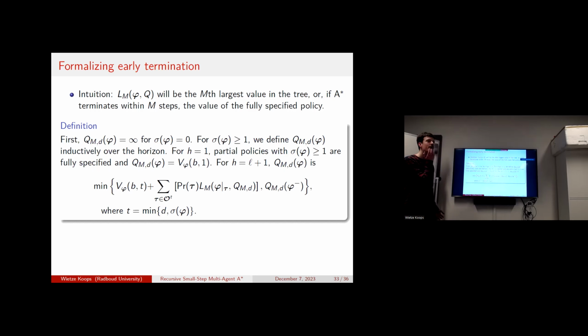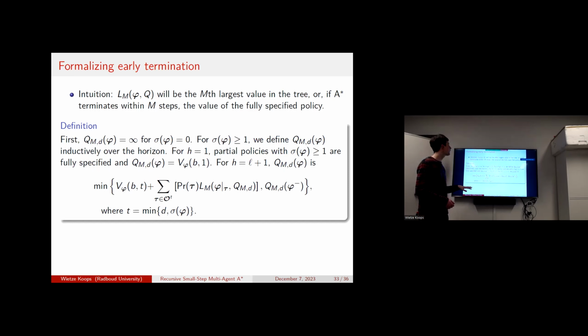I'm getting a little bit lost in the details. It's getting late in the day also, but could you just say again, intuitively, how should I think about this? So this L^n_phi(Q) is: you want to compute a heuristic for policy phi.